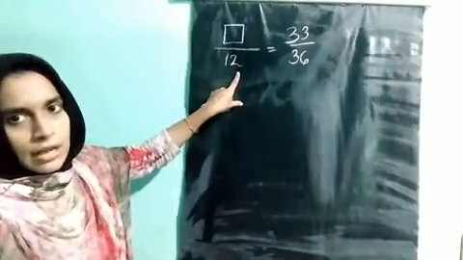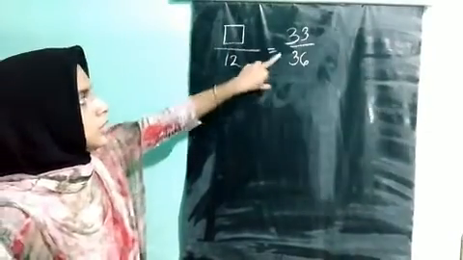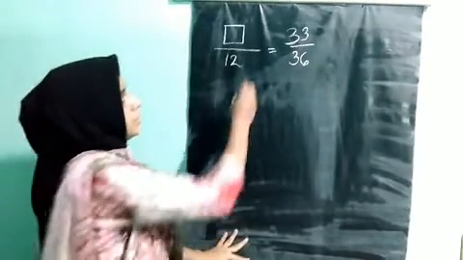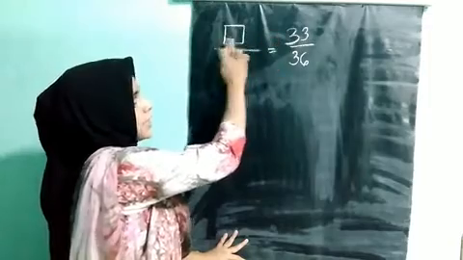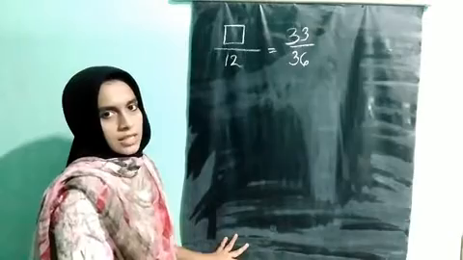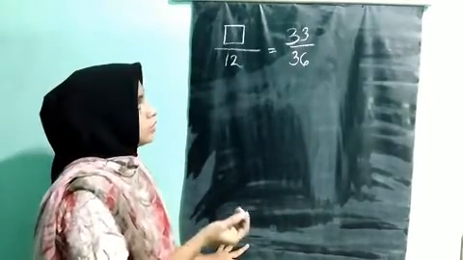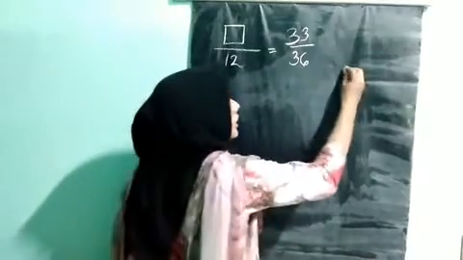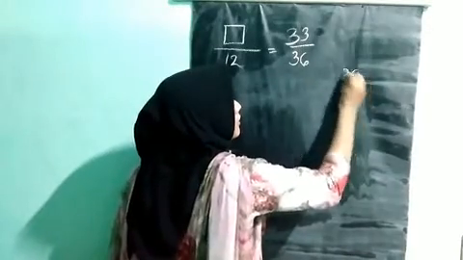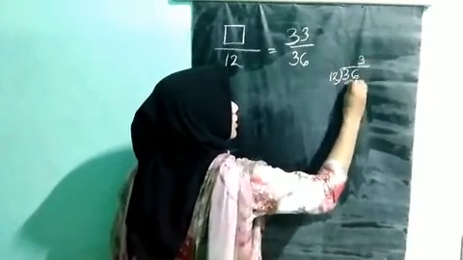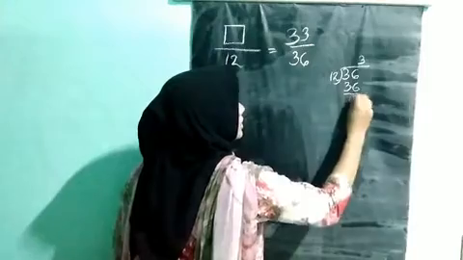Write the next question. Dash by 12 equal to 33 by 36. So here you can see that numerator is blank, denominator 12 become 36. 12 into 3 you will get 36. If you don't know that, we can divide 36 with 12.